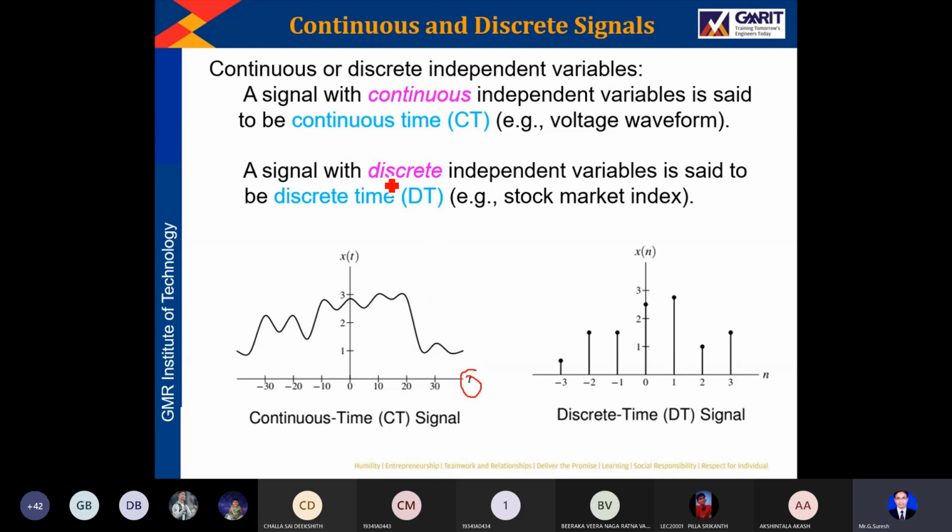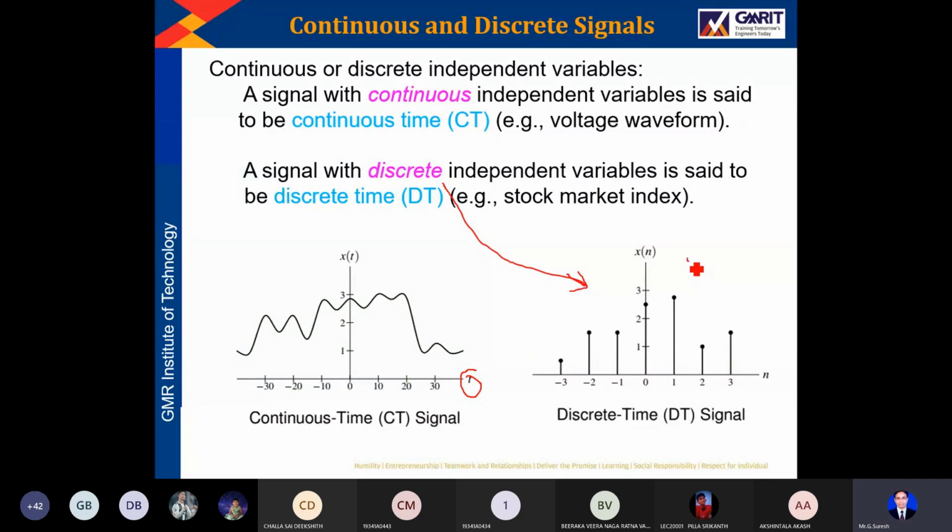Okay, the second case is a signal whose independent variable is discrete in nature. That means a finite number of instants are there. So -3 to +3 means overall 7 instants are there: -3, -2, -1, 0, 1, 2, 3. 3 plus 3 and including 0 becomes 7.